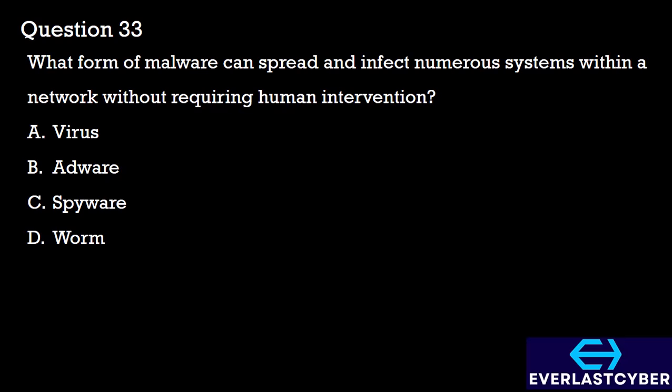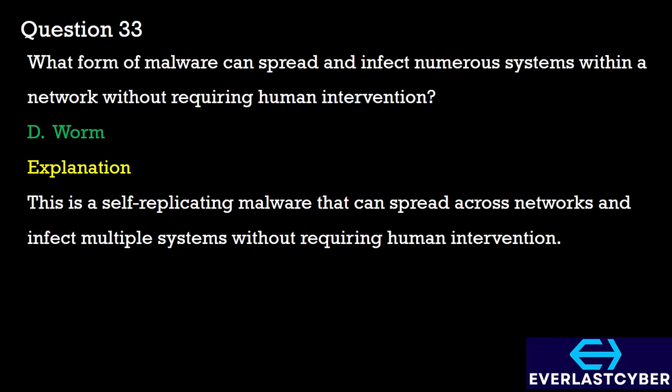Adware is a software that displays advertisements and it may be bundled with legitimate applications. However, it does not spread on its own. Spyware is a type of malware that collects information about a user without their knowledge. However, it does not spread independently. Worm, on the other hand, is a self-replicating malware that can spread across networks and infect multiple systems without requiring human intervention. So, we'll be going with option D.